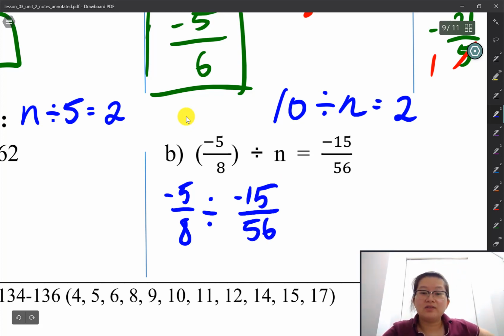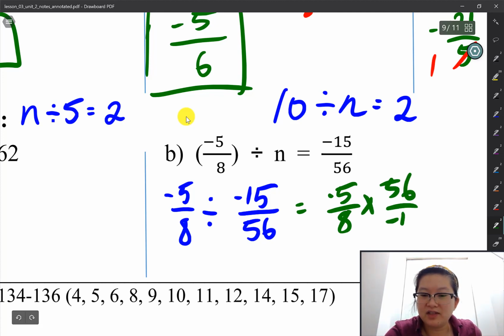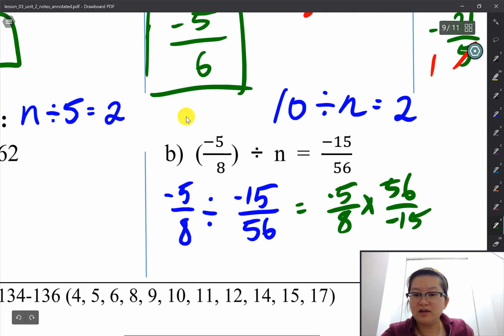Okay, so we've got to work this out now. We have to flip this around. After flipping it around, we're going to get negative 5 over 8 multiplied by 56 over negative 15. And hey, there are two negative numbers here. They're going to cancel out and become positive.